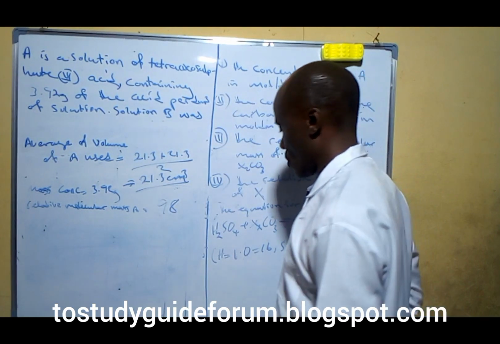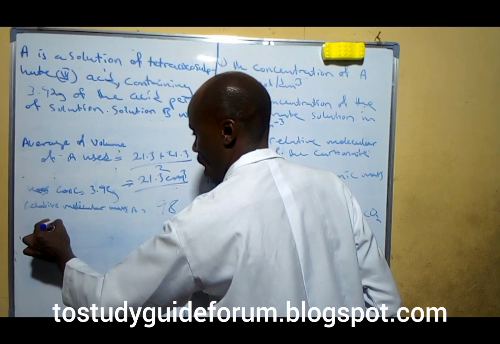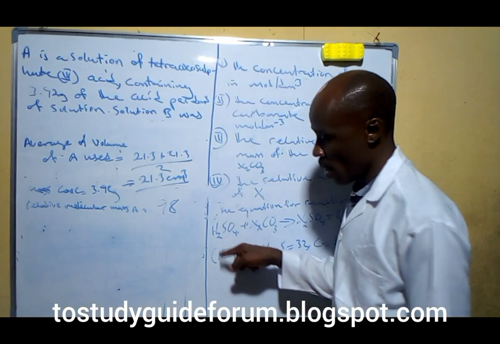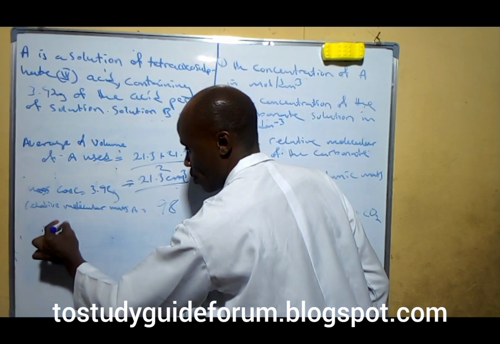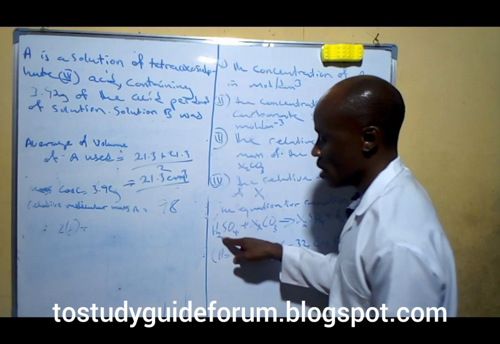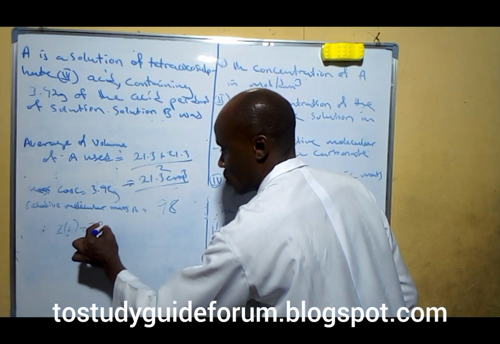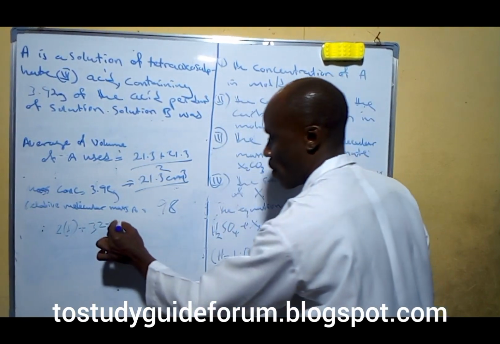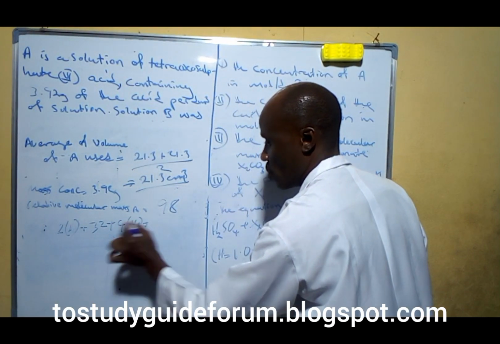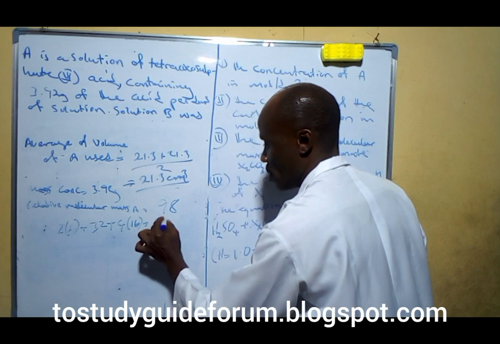To get this 98: hydrogen is 1, and we have 2 hydrogen, so 2 times 1, plus sulfur, which is 32, plus 4 oxygen, and oxygen is 16. When you multiply through, you have this value.